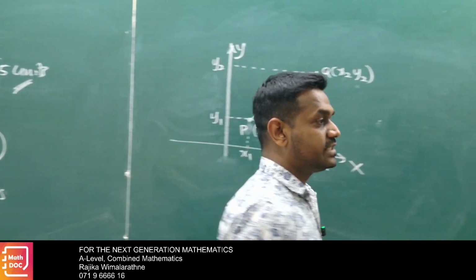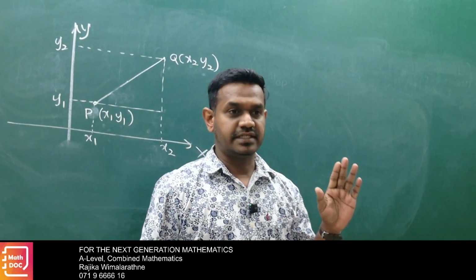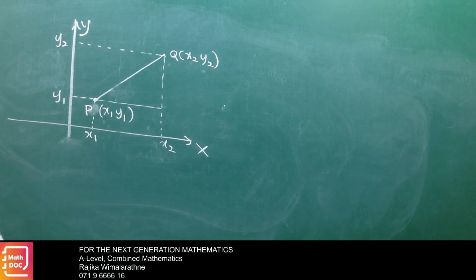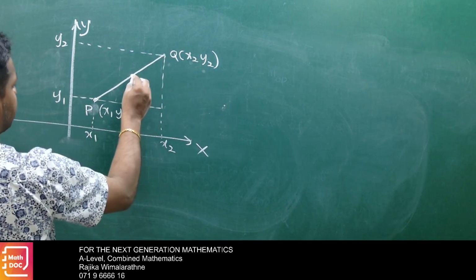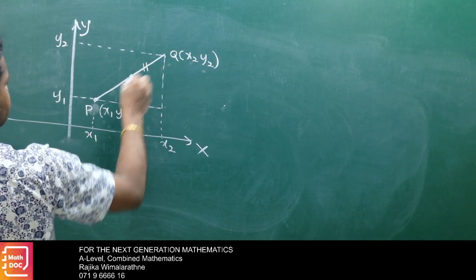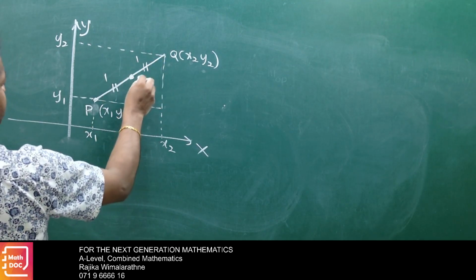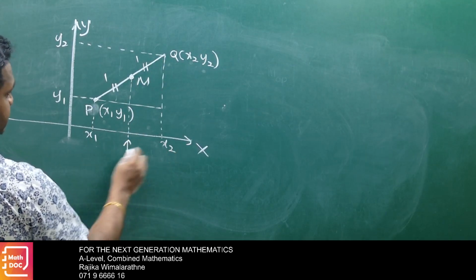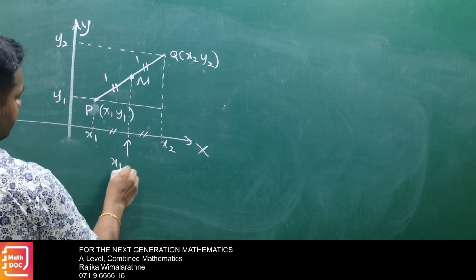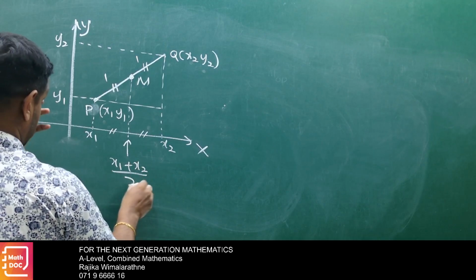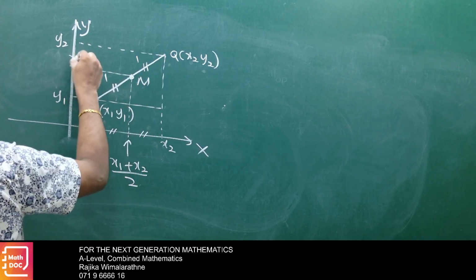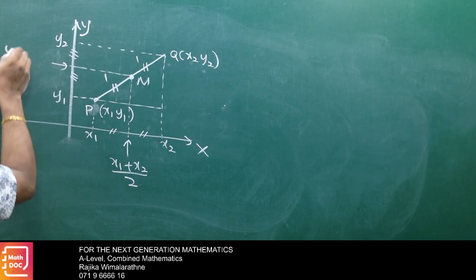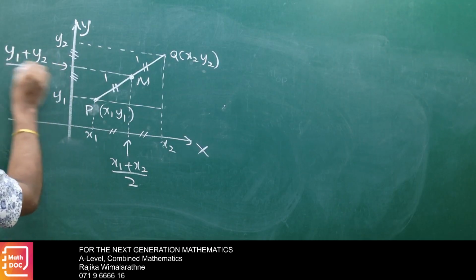Now let's come to the section formula. See this. Here 2 points are given, so you consider the midpoint, the section in 1:1 ratio, no? The x coordinate is x1 plus x2 over 2, and similarly the y coordinate is y1 plus y2 over 2.